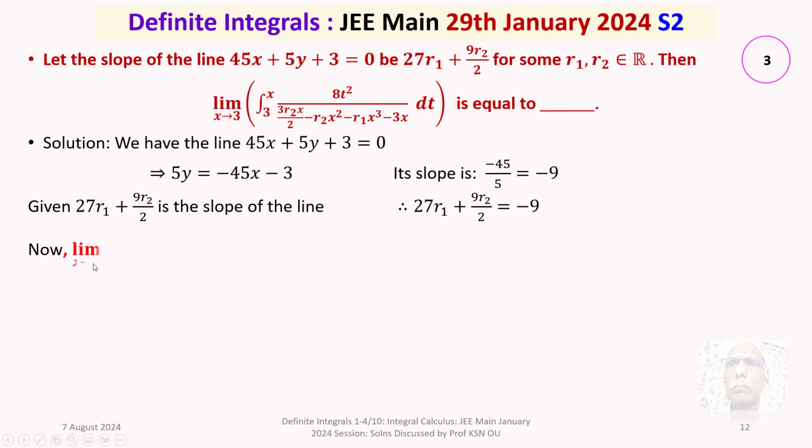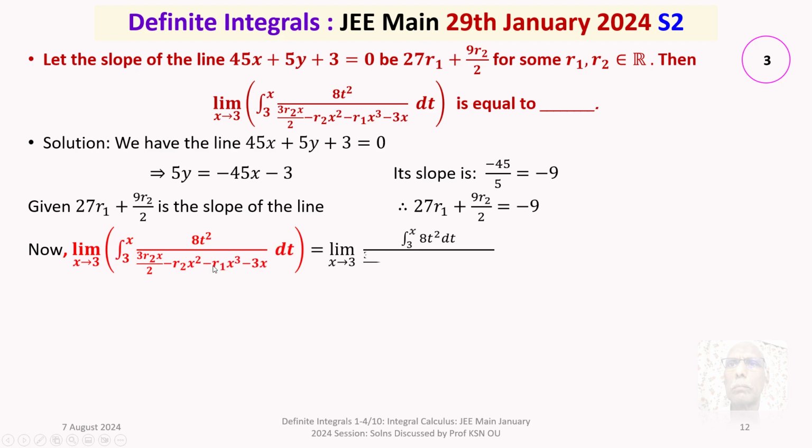Now, the limit as x tends to 3 of the integral from 3 to x of 8t square, divided by 3r2x by 2 minus r2x square minus r1x cube minus 3x, with respect to t. Observe that the numerator is only a function of t and the denominator is free from t. Therefore, limit x tends to 3 of the integral from 3 to x of 8t square dt by the denominator as it is.